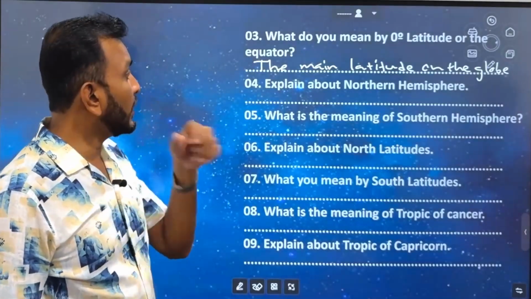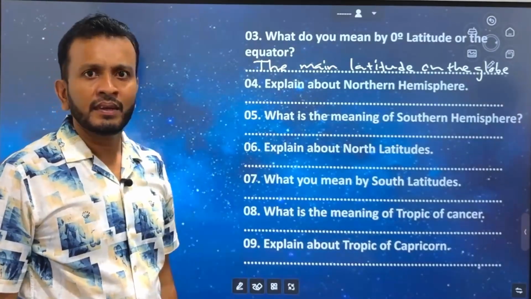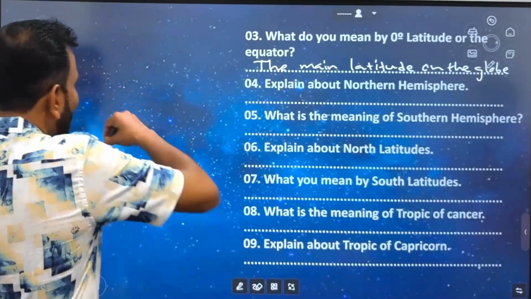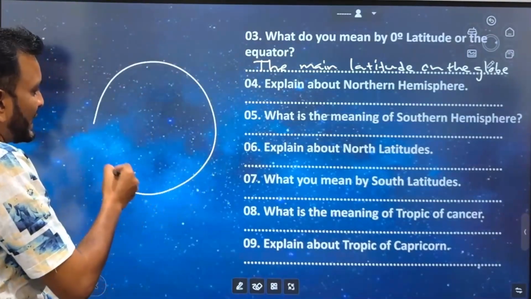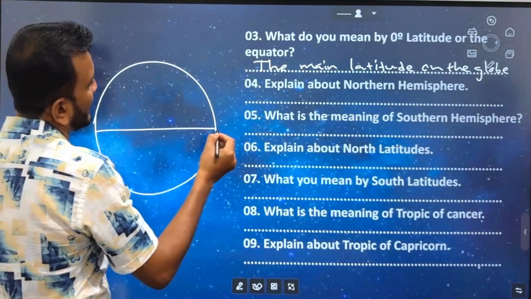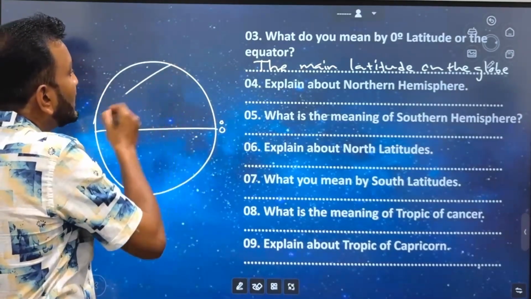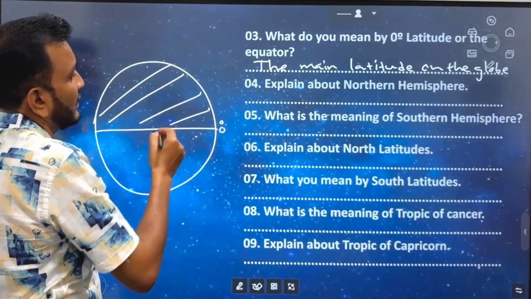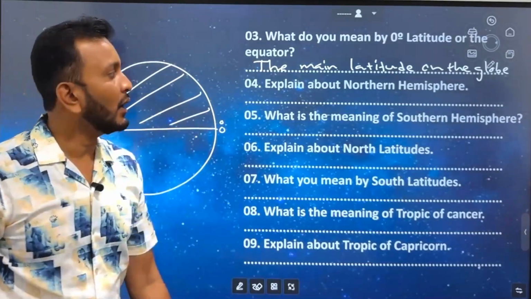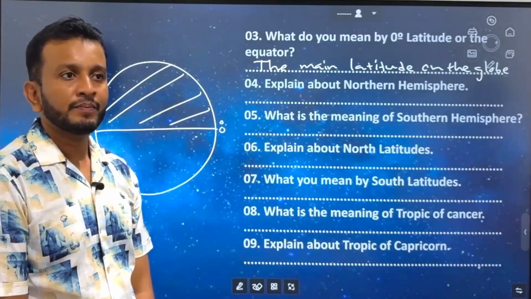Okay. Explain about the northern hemisphere. You know, the earth is separated into two parts from the equator. This part is the northern hemisphere. How to explain the northern hemisphere?